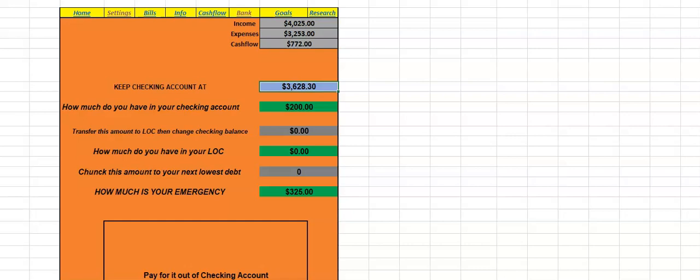Click on that and look for balance transfer cards. It'll tell you your approval odds. If you get a balance transfer card, see if you can transfer that money straight into your account. A lot of credit cards will let you do that nowadays.